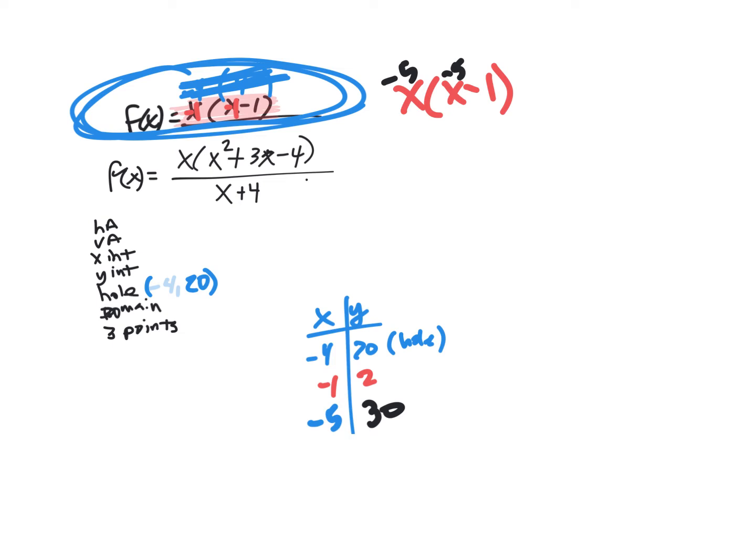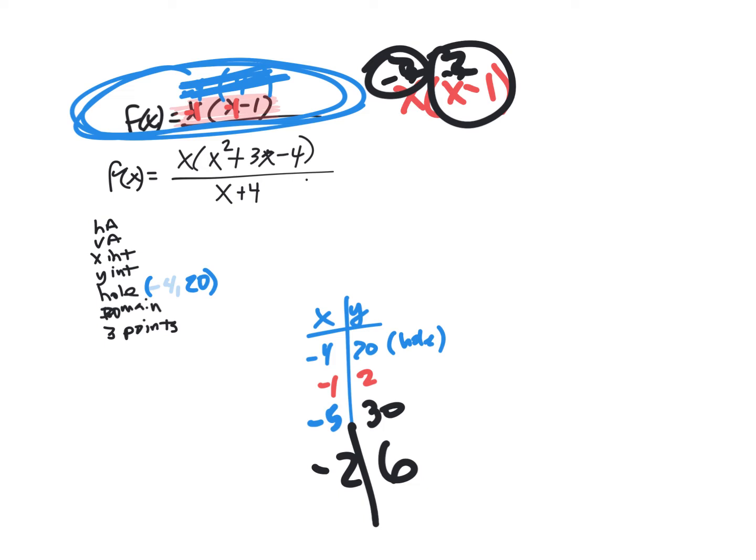Give me a point. -2. Did you already do this? Or okay, so -2 minus 1 makes -3 times -2. All right. So I just was assuming you had a point. All right, so maybe you guys didn't take the time to make the 3 points. Do you get how those points are going to be super important when you graph? You can't graph them without a bunch of points.